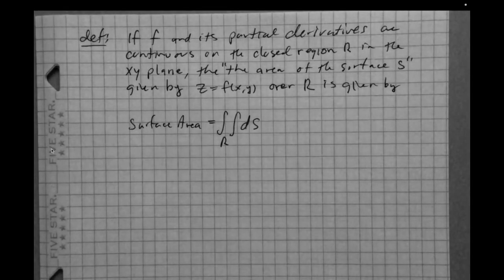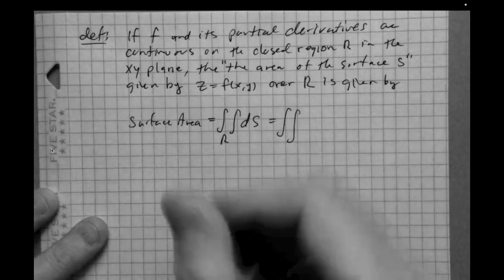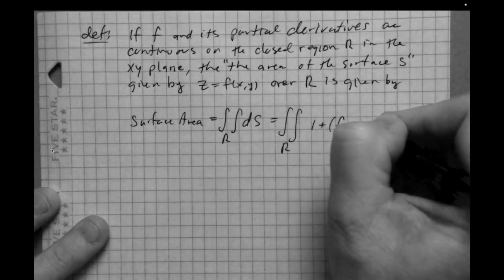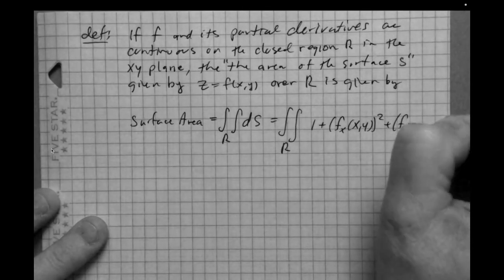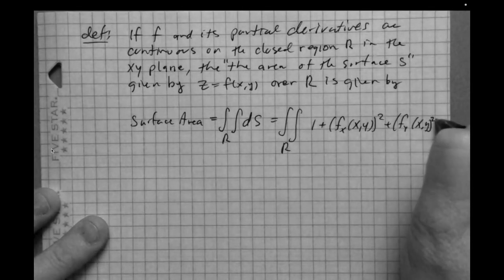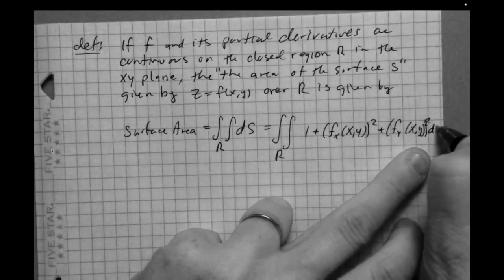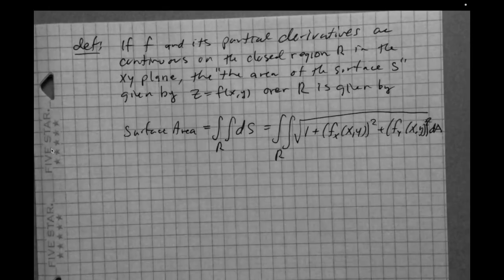So this would be the surface area, okay, and then of course we can expand the dS here into the actual formula, and so here we'd have the square root of 1 plus f sub x of (x, y) squared plus f sub y of (x, y) squared. And you don't have much space. Can I get it in there? Yes, dA. Okay, perfect.